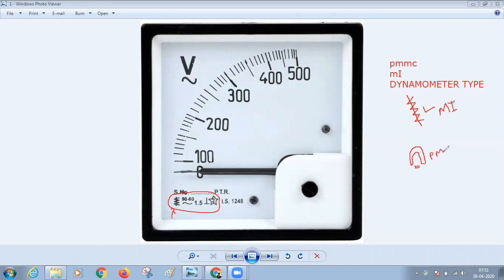If you have this type of symbol on your meter, then you can say that such a meter is a PMMC meter. If it is a dynamometer type of meter, then you will have the symbol like this. So this is the dynamometer type.